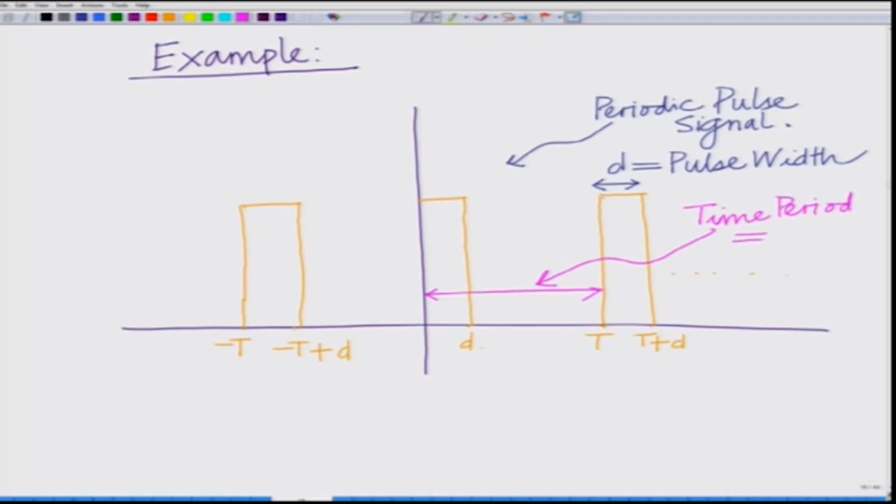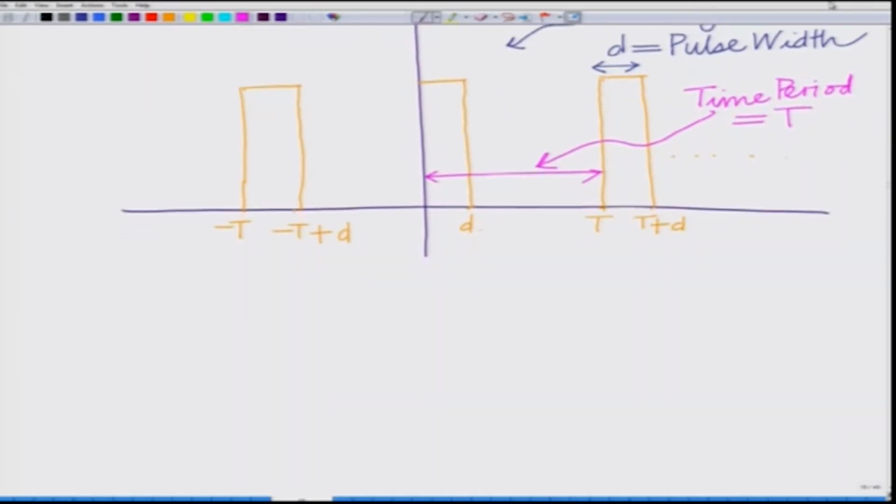This is a particular pulse, alright. Let us set d equal to T by 4 for the purpose of this example, where d is the width of the pulse in time.